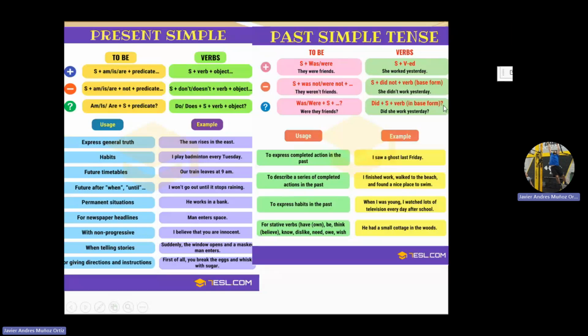What changes is the conjugation of the auxiliary verb, because in simple present tense, the auxiliary verb is called do or does, and in simple past tense, the auxiliary verb is called did. So this is the other difference.